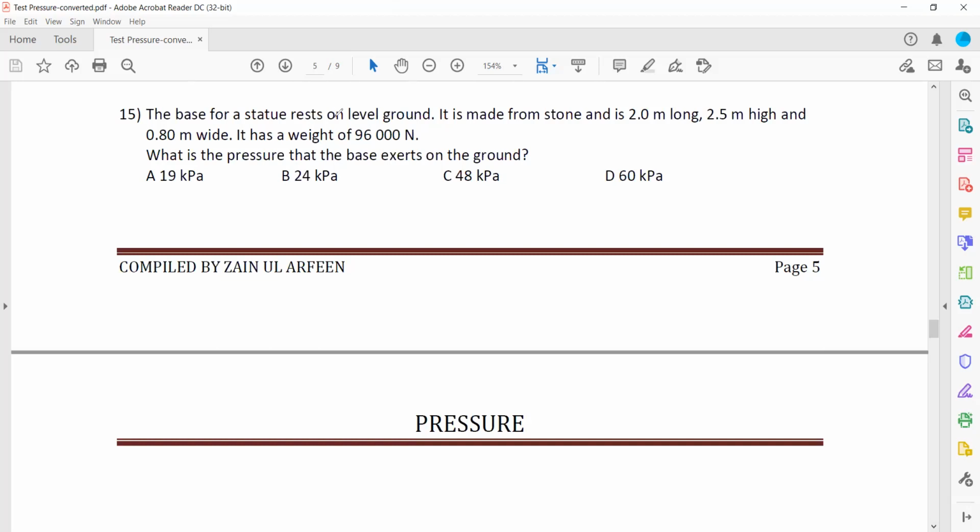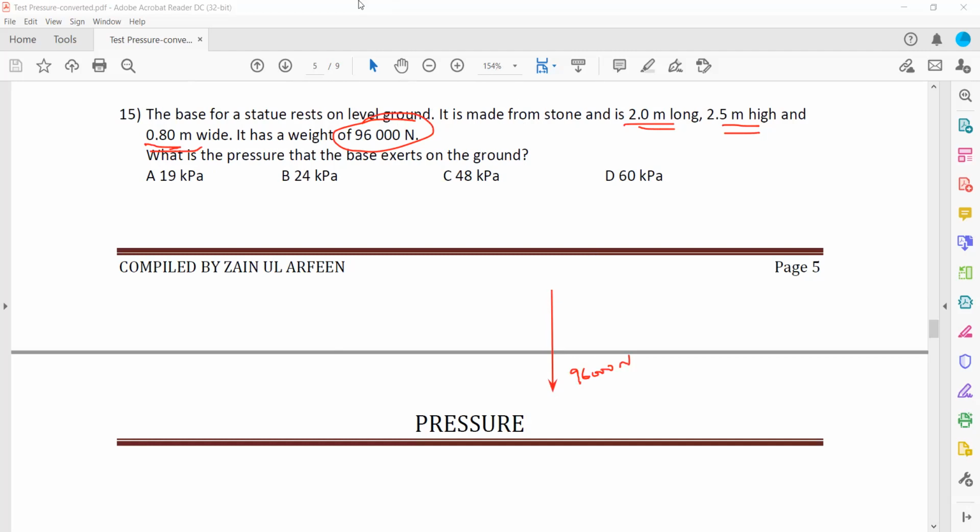Question 15, the base of a statue rests on a level. It was made from a stone which is 2 meter long, 2.5 meter high, and 0.8 meter wide. The weight of the statue is 96,000 Newton.